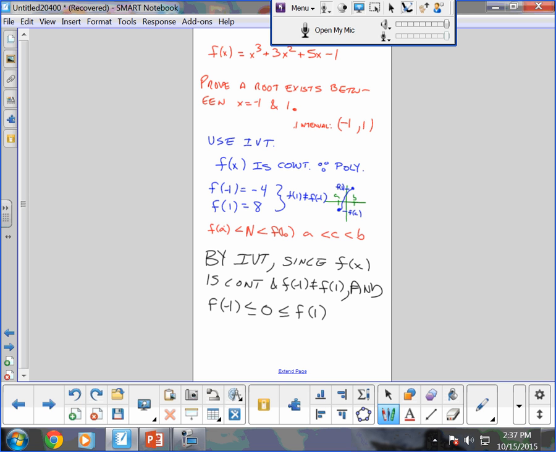You guys agree that 0 is between -4 and 8? Now, you could put -4 and 8 there. I know, Megan, you did that. That's fine. Then c exists such that c is between those values.